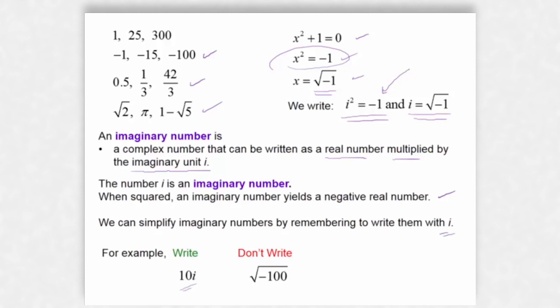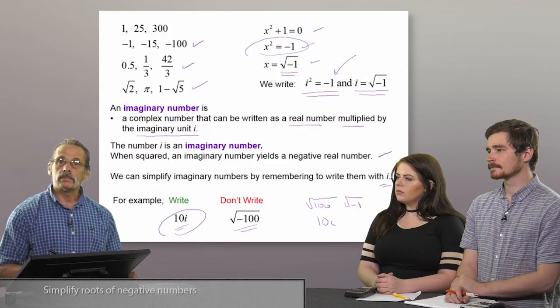For example, I'd write 10i. I wouldn't write the square root of negative 100. I would write the square root of 100 times the square root of negative 1, and the square root of 100 is 10. So I would have 10 times i.